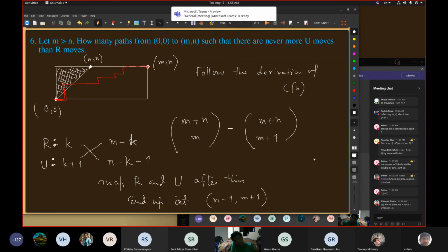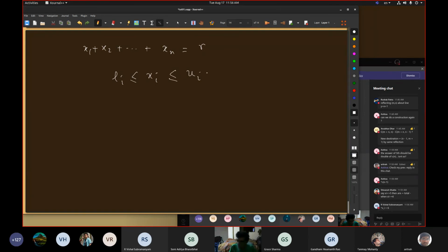Sir, what if we multiply both sides of the equation by -1, so the inequality will reverse? But then we wouldn't be able to count. That's the issue. I want to have something like x1 plus x2 plus up to xn equal to r, and some lower bound li less than or equal to xi less than or equal to some upper bound ui. Definitely you cannot use the formula in this context.